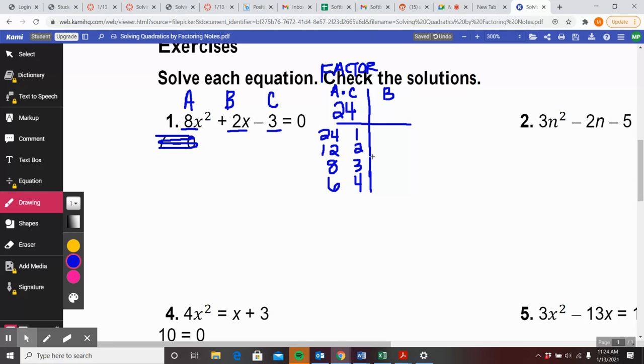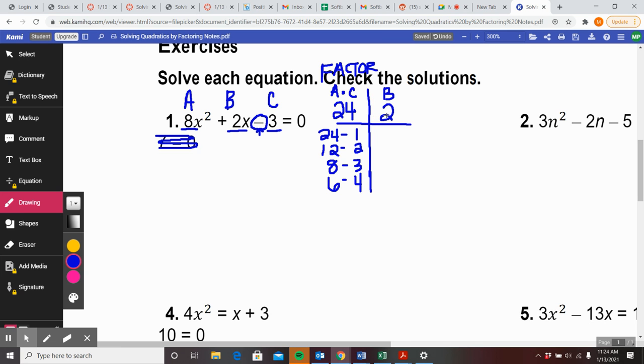So now what you look at is this sign right here. Are we going to add or subtract those factors? You're going to subtract them. What is your B value? We forgot to write that down. 2, right?